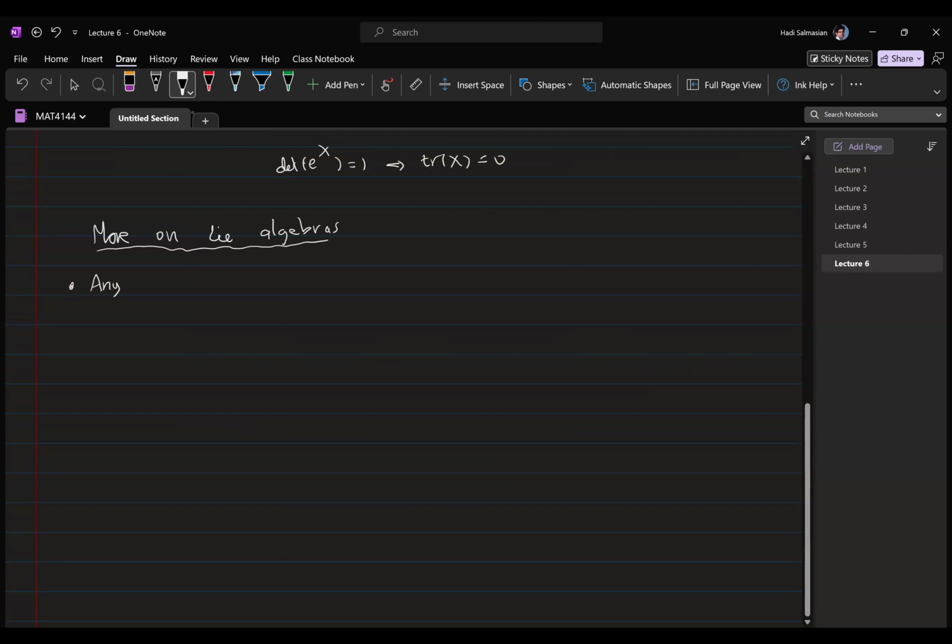So any associative algebra, unital or not, doesn't matter, equipped with this bracket [x,y] equals xy minus yx, where the product is the product of the associative algebra, is a Lie algebra.